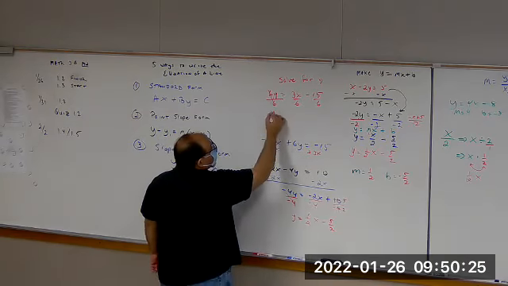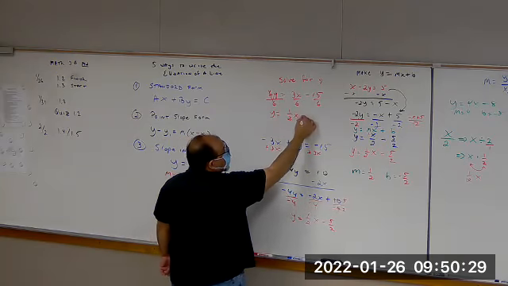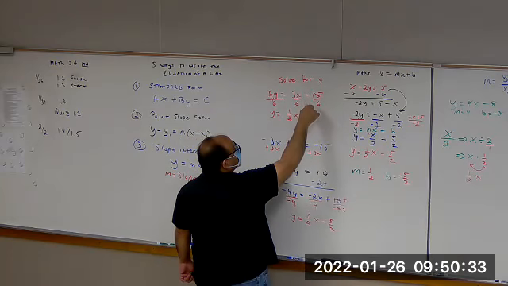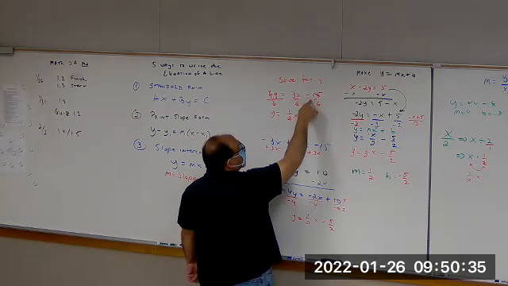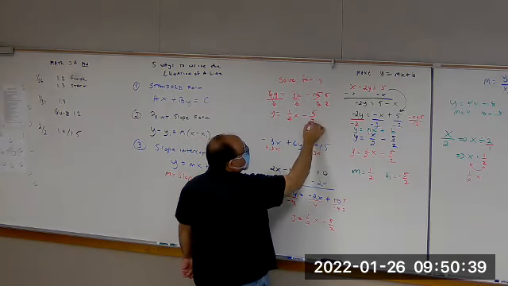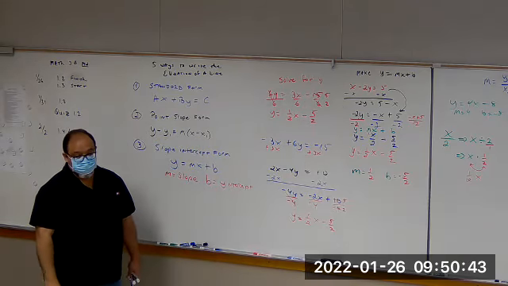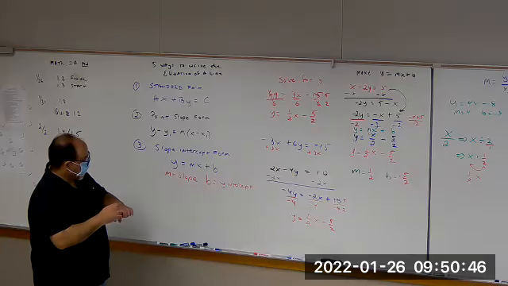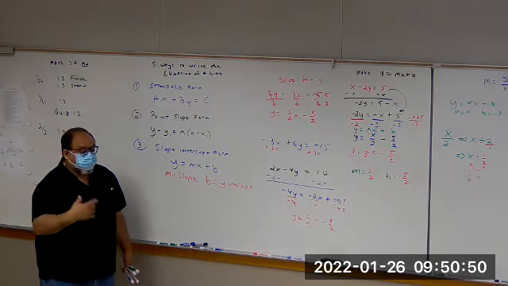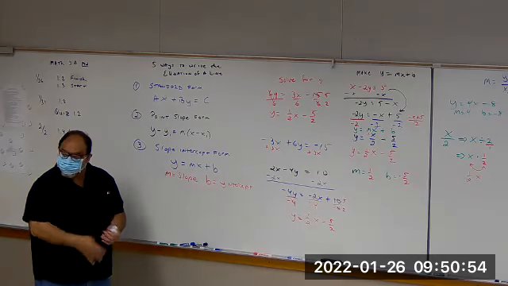You get y equals 3/6 is 1/2 x minus, 3 goes into 15 5 times, 3 goes into 6 2 times, minus 5/2. Most useful one. It'll also be, in my opinion, easiest one to write equations of lines with. I think. I like it a lot.